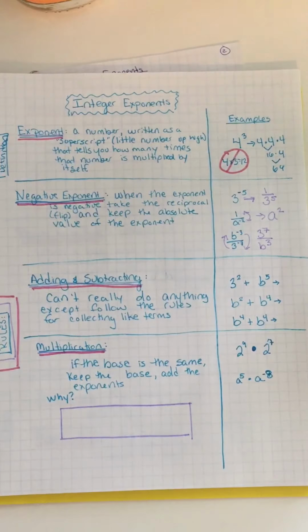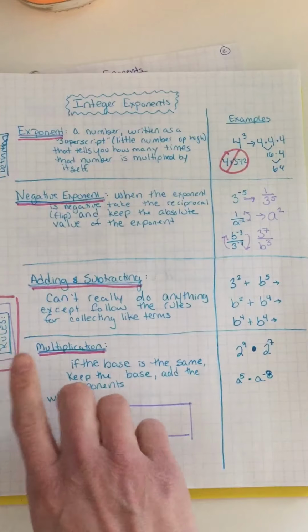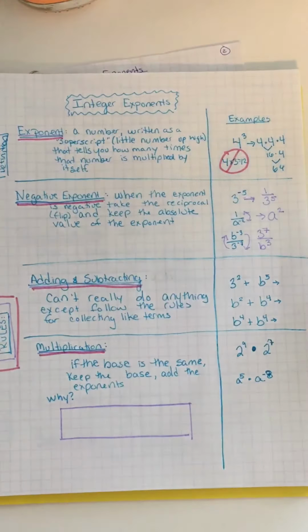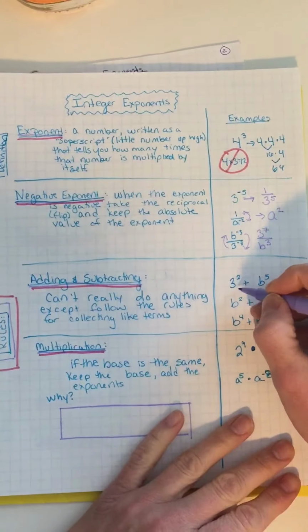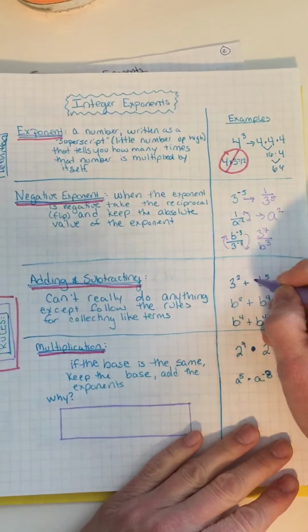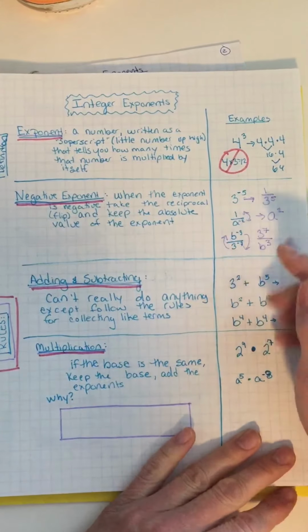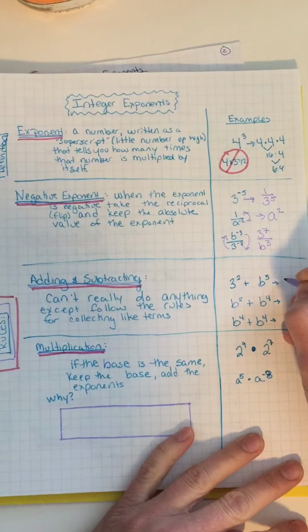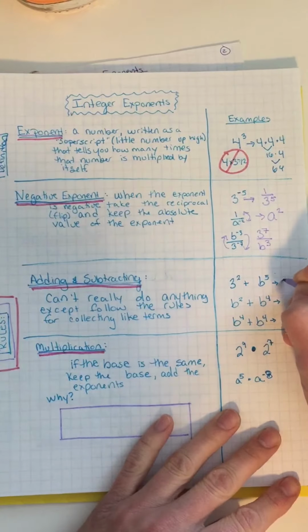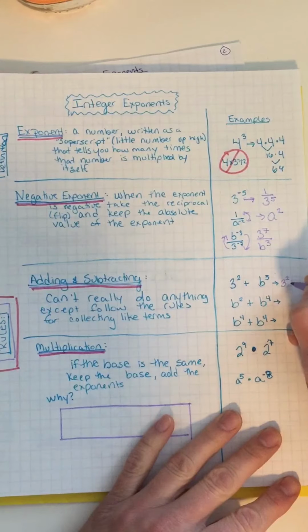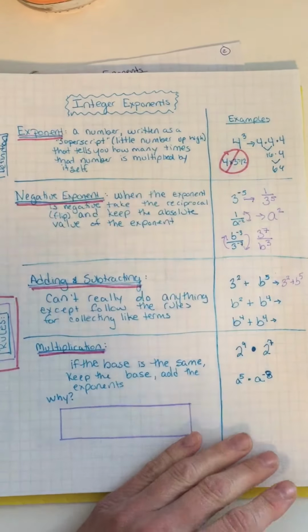Now, if I'm solving problems where they're asking me to apply the rules of integer exponents, or I think the worksheet calls it the laws of exponents, I can't really do anything with adding and subtracting. The only thing I can do is follow the rules for collecting like terms. So, for example, 3 squared plus b to the 5th: different bases, different exponents, can't do anything with it. I can't simplify it at all, so that would just have to say 3 squared plus b to the 5th.